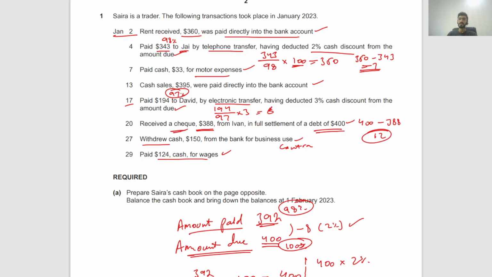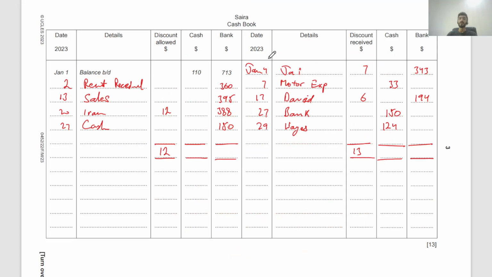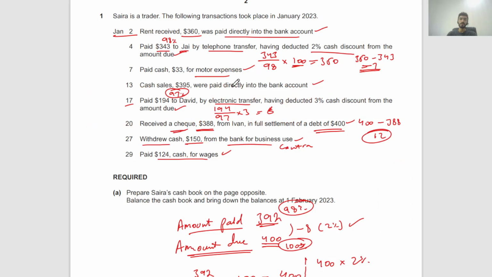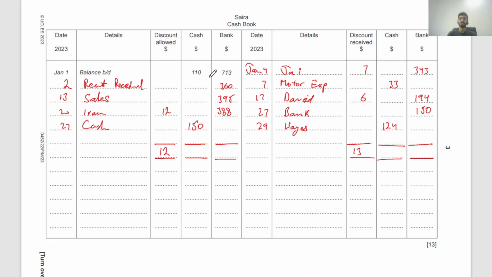That transaction on 27th, withdrew cash 150 from the bank for business use, where cash actually went up. I don't know why I did that. It was such a silly mistake. But you see how I caught my own silly mistake with logic? Because I thought more cash cannot be spent than you have, right? 150 cash would be debited and bank would be credited, okay? All right. Silly mistake over there. Apologies for that. Let's just balance all the columns and look at the answers, okay?